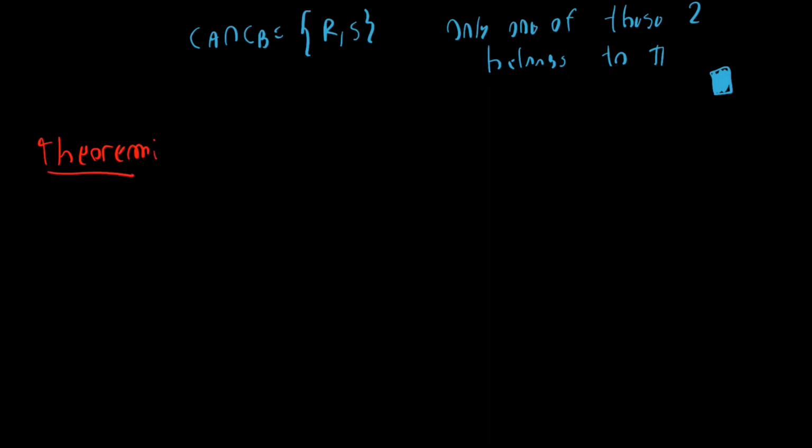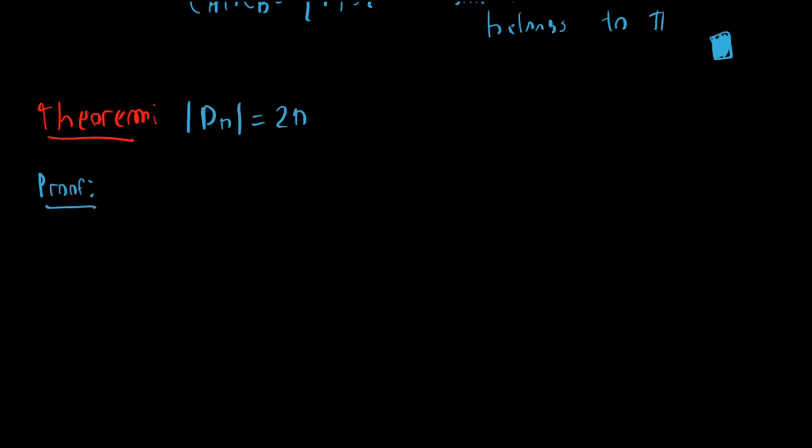That is, the order of the nth dihedral group is 2n, meaning that this will justify us calling, from now on, the group of symmetries of a regular n-gon simply the dihedral group of order 2n. So let's prove it. We will proceed with this proof in the following way.